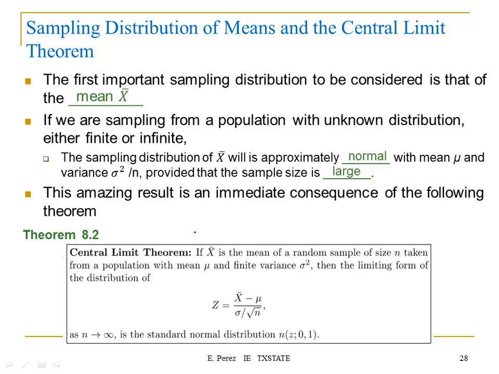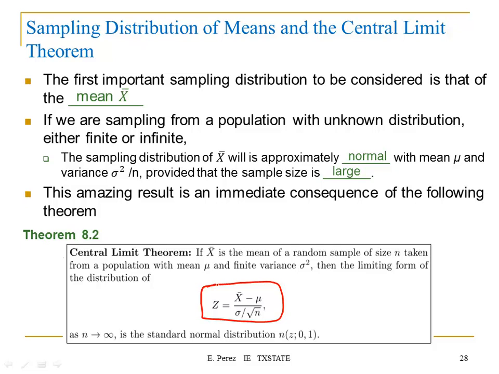So in order to avoid confusion, from now on I'm going to refer specifically to this statistic of z when we are addressing random variables related to the sample mean.